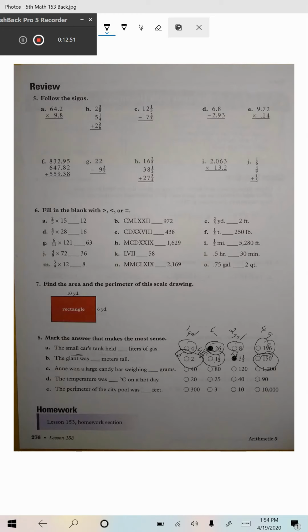So anyway, the next one: a large candy bar weighing how many grams? Now this is the tricky one. This is the one where I looked up grams. I always forget this one, so I'm Googling it. 1 gram is how many ounces?